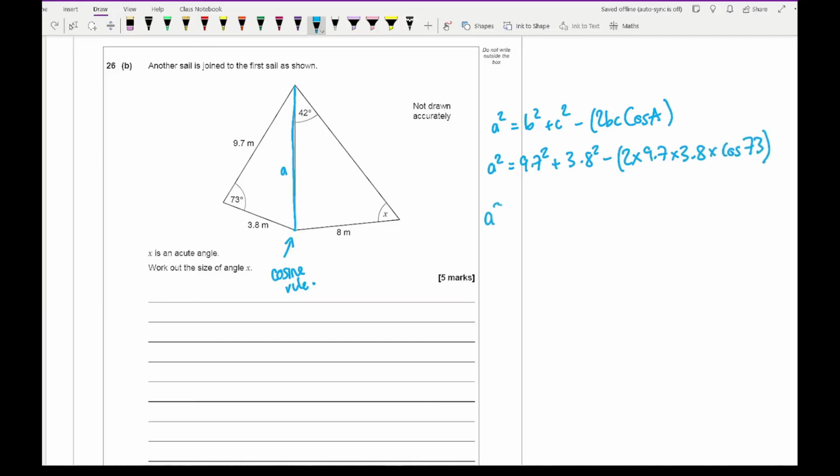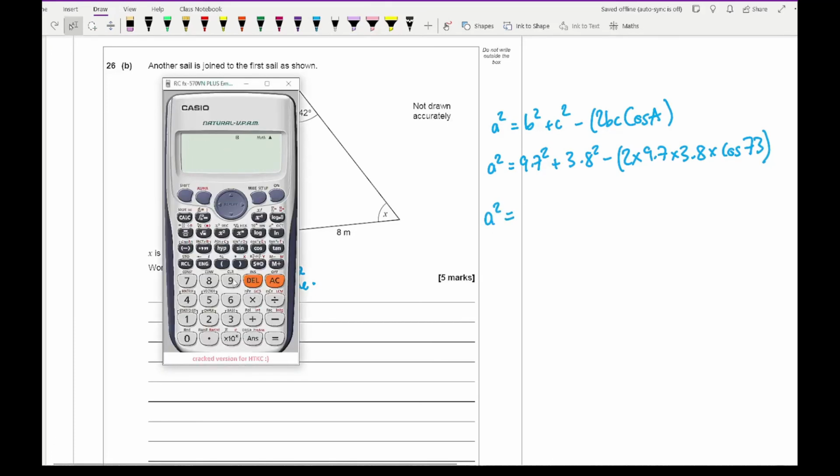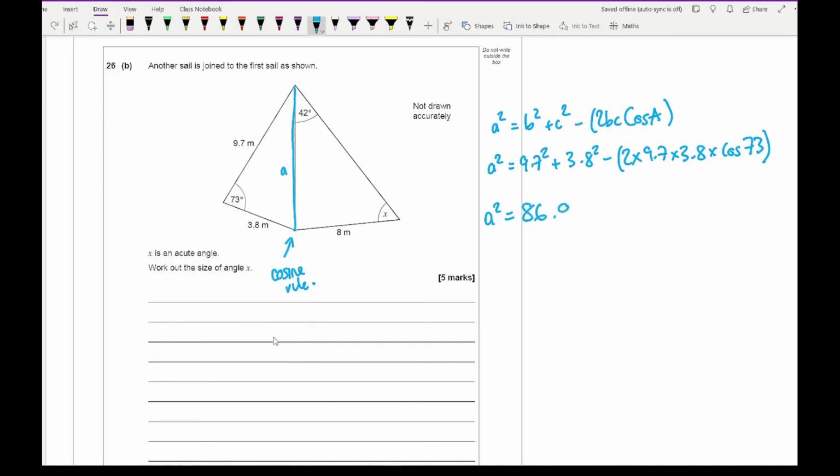Now, if I type that into my calculator, which I'm going to do now, I've got 9.7 squared plus 3.8 squared minus, and I always tend to put the 2bc cos a in brackets, times 9.7 times 3.8 multiplied by cos of 73, equals, and I get 86.97.